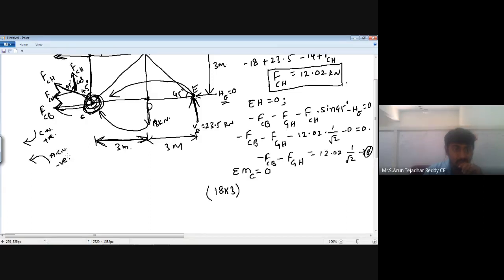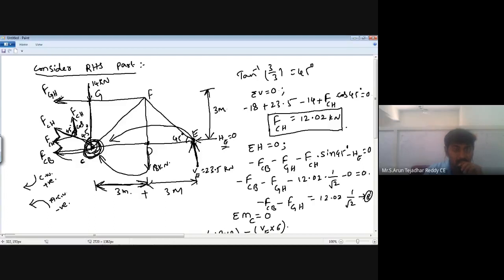Take negative, with the perpendicular distance from E to C, that is 3 plus 3. So minus VE into 6.